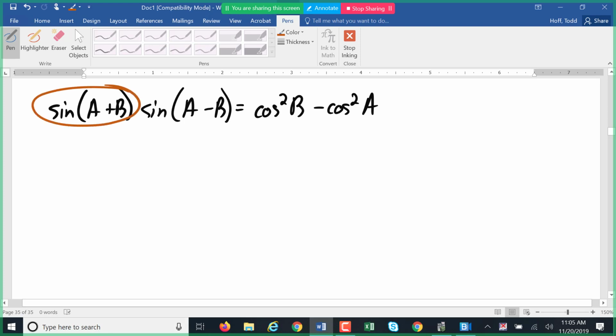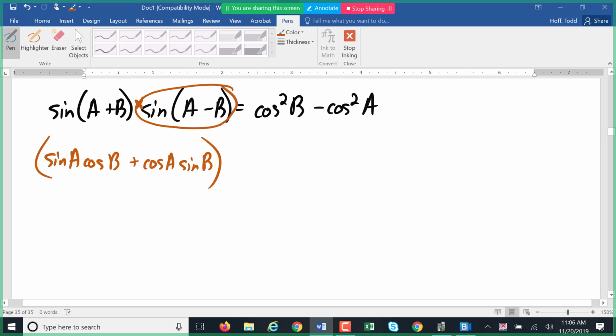Sine of a plus b is defined to be sine of a times cosine of b plus cosine of a times sine of b. Now I'm putting that in parentheses because up here these two were multiplied.